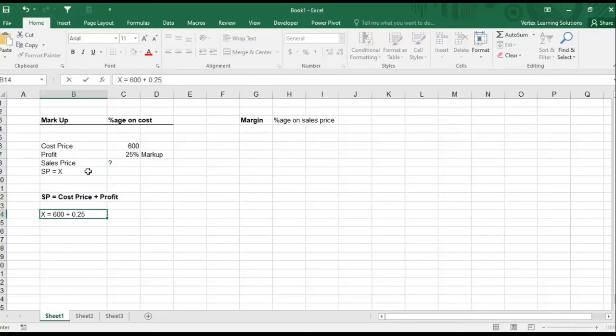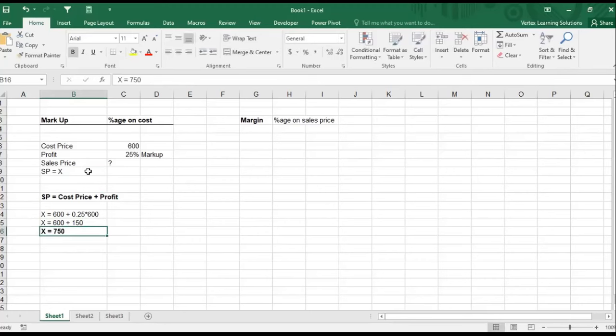Markup means 25% of the cost price, percentage on cost, and cost is 600. So it means 0.25 into 600, which means X is equal to 600 plus 25% of 600, which is 150, and therefore X is equal to 750. So your selling price comes out to be 750.